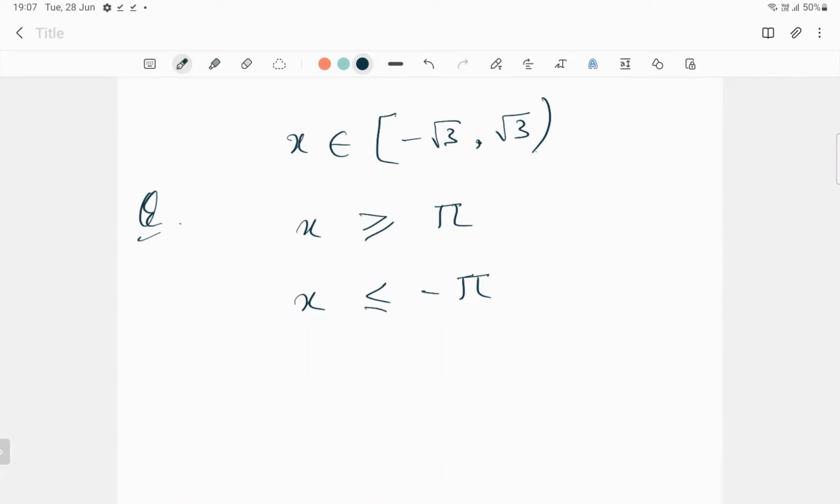Okay, it was my mistake. First you solve it, don't defect it. Solve this first, then you can defect. Draw the number line first.